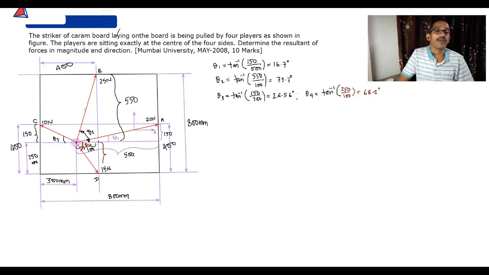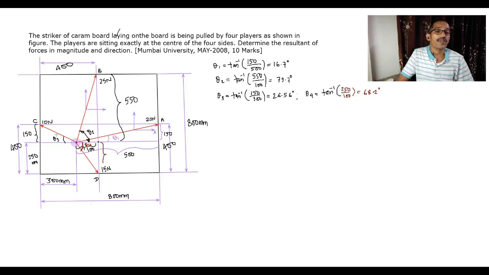For this 25 Newton force, the horizontal component will be rightward and the vertical component will be in the upward direction. The direction of components of the given forces is important.